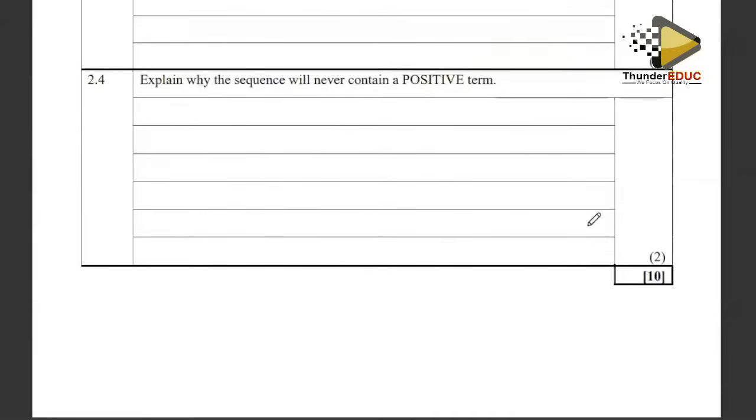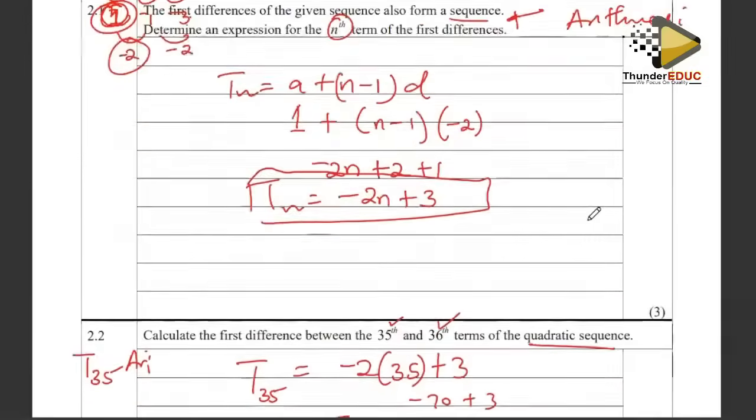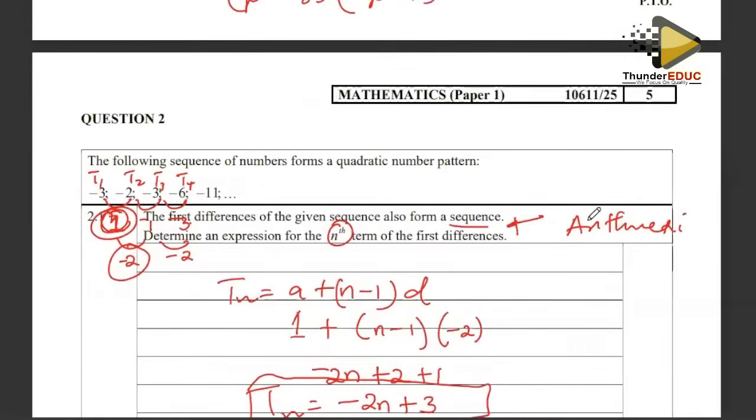Then they're asking us why the sequence will never contain a positive term. What you can notice is that it starts low, then slightly goes up to -2, and then drops. So what this tells us is that this -2 is the maximum.